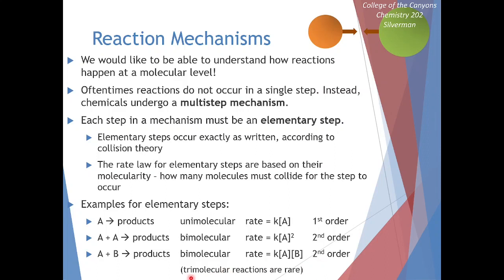Notably, trying to have 3 molecules collide together all at the same time at the same place is going to be hard to do. That's going to be rare. And in fact, all of our mechanisms will be at a maximum bimolecular for each of our individual steps.